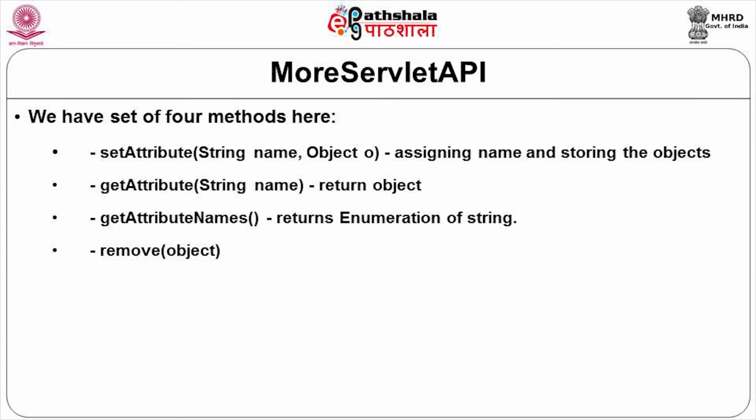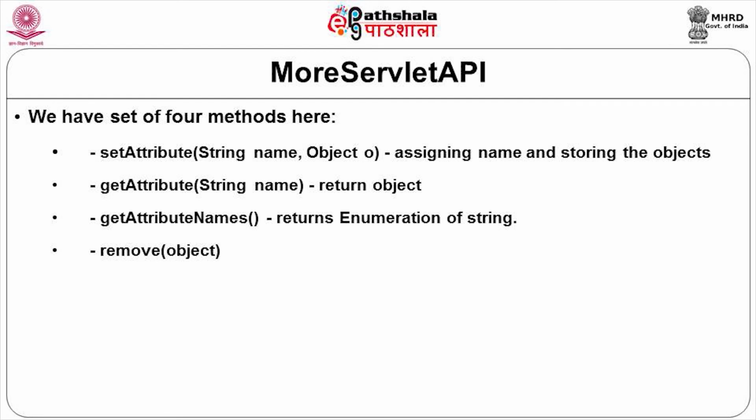We have still more things. This same concept of sharing objects, we have something which is common across the entire application. What was that? The servlet context object. It's common across all of them. The same set of 4 methods is also available to us in the servlet context.